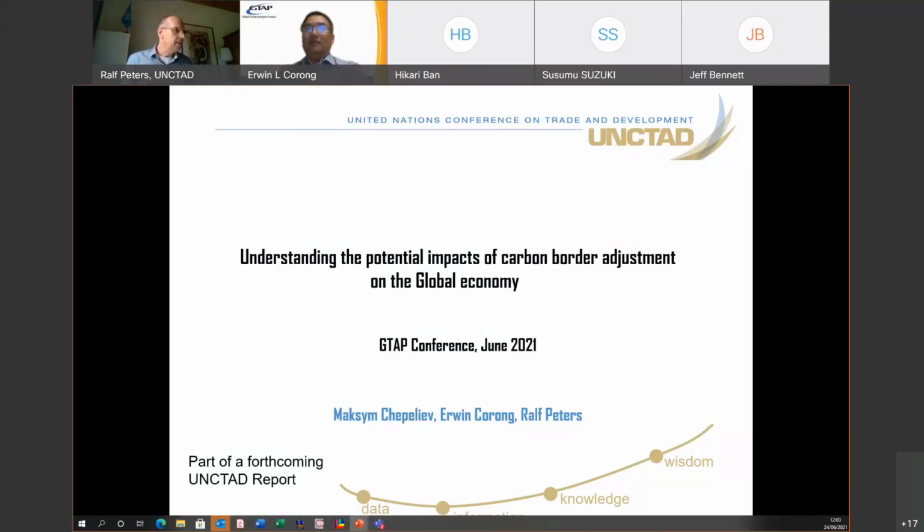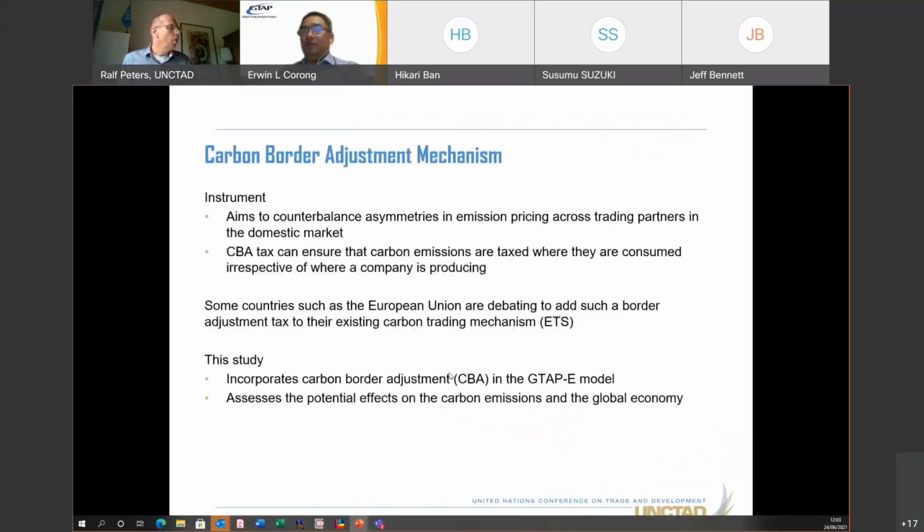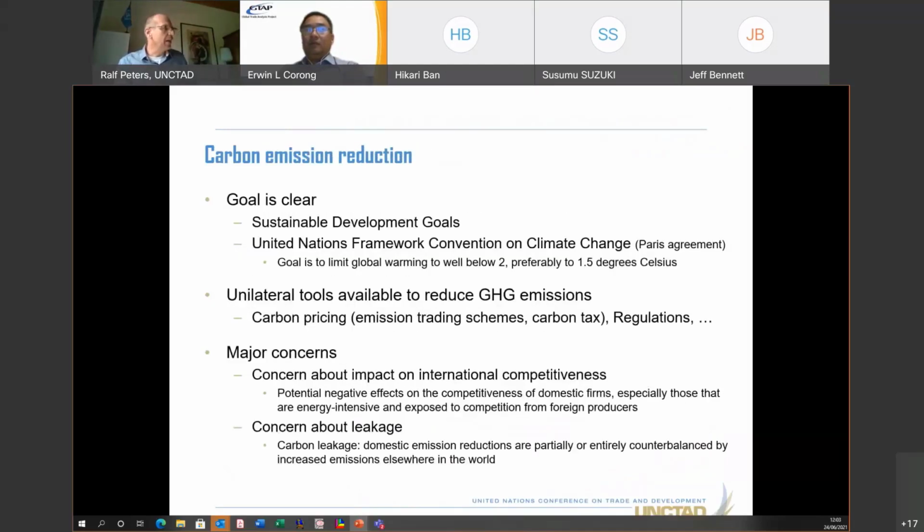I think the objective here with carbon reduction is quite clear. There are the Sustainable Development Goals, of course. Then there is the United Nations Framework Convention on Climate Change and its 21st meeting. The Paris Agreement, where countries agreed to limit global warming to below 2 degrees Celsius or hopefully below this.